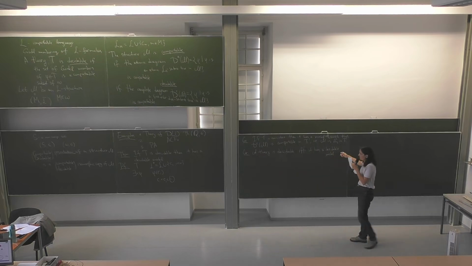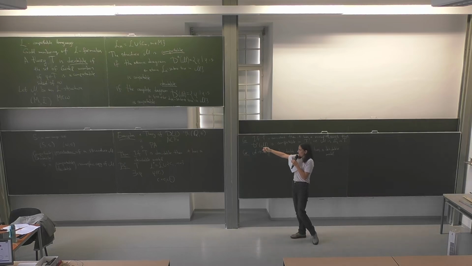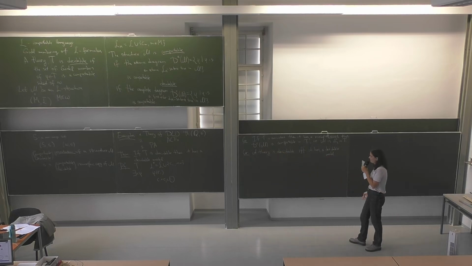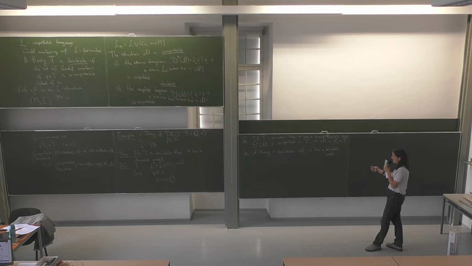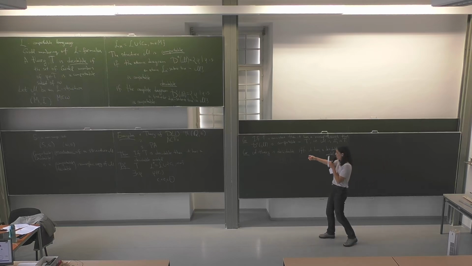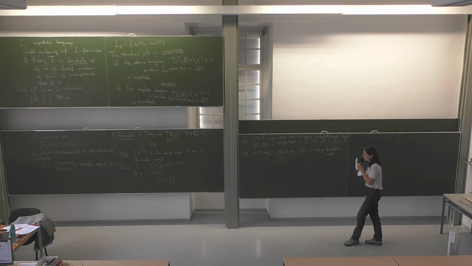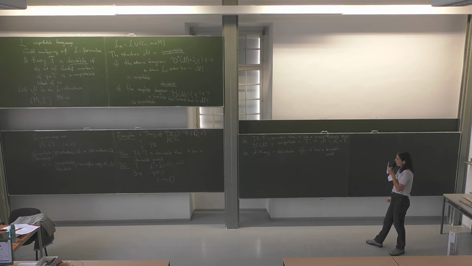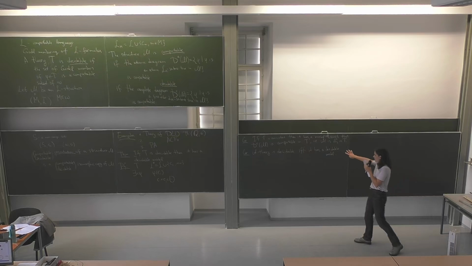The other direction is pretty obvious, just because the complete diagram of M basically contains the theory, not just as a subset, but you can effectively get the theory from the atomic diagram of the structure. Okay, so this is an if and only if relation.